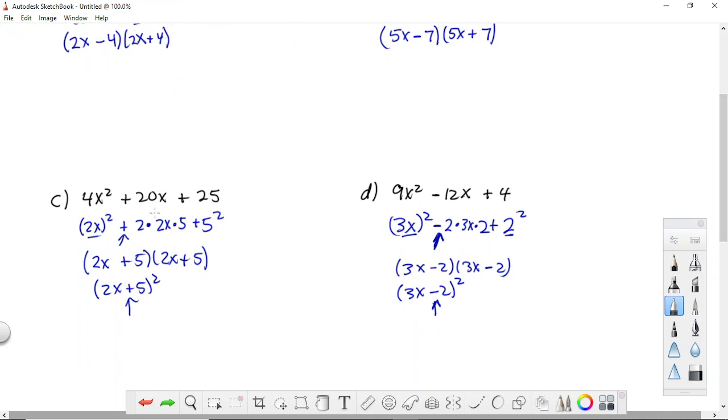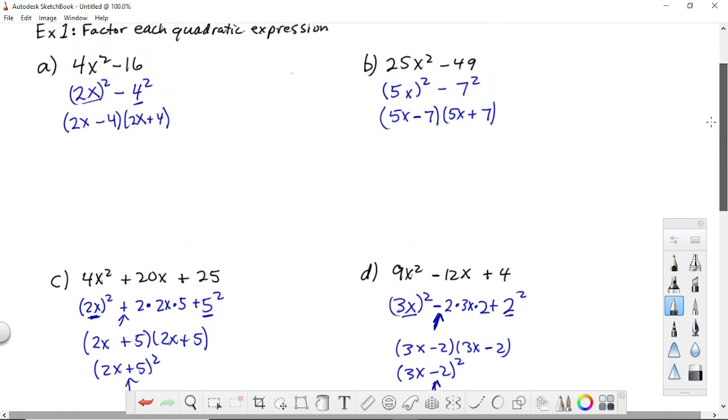Okay, it has to fit the pattern that we looked at, where it's 2 times the number that's squared in your first term, then also times the number that's squared in the last term. So in this example C, 2 times 2x times 5. As long as it's that, the pattern works, and you factor it like this and you get the easy, quick answer. So to do these problems, you just have to look and make sure one of these patterns is holding in that example, and if it is, you go ahead and factor it in this manner.